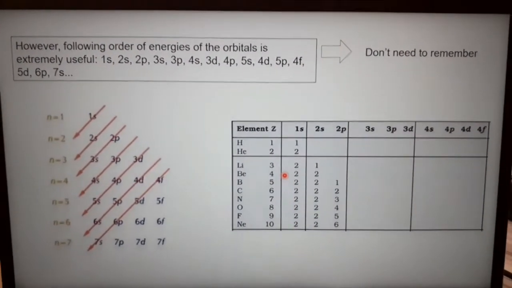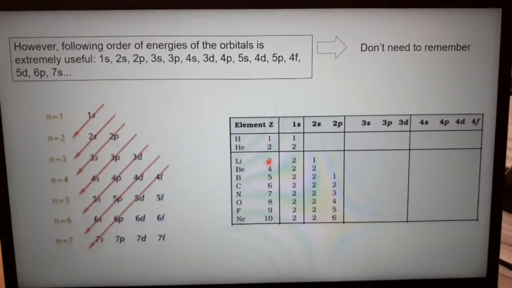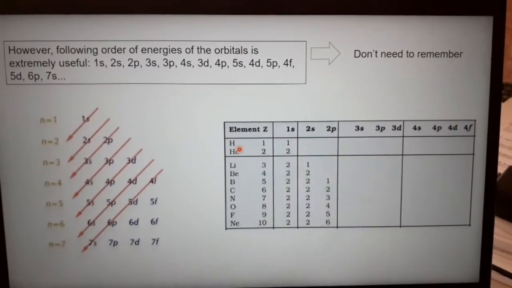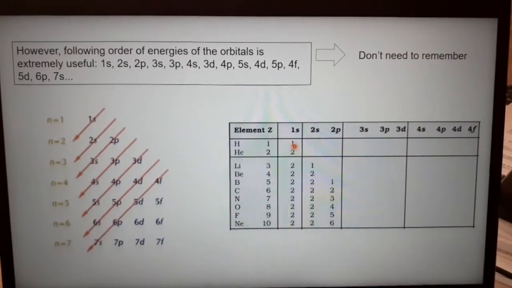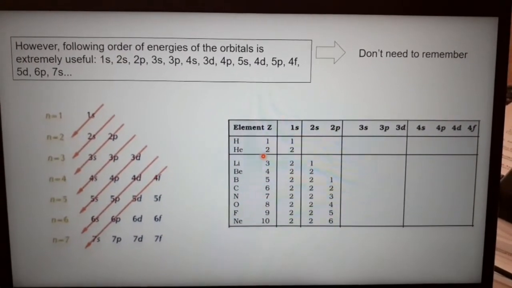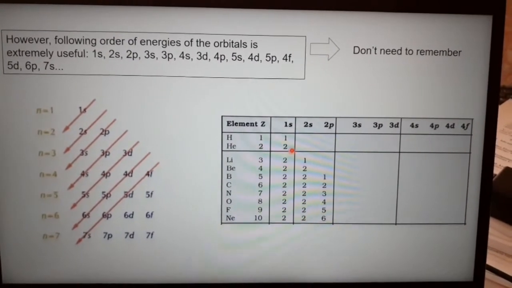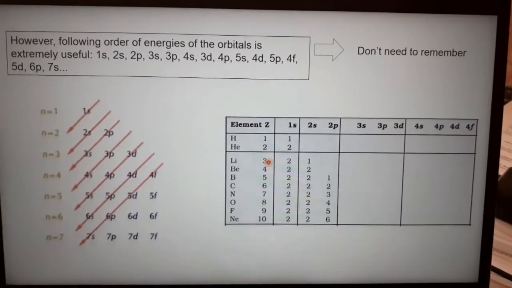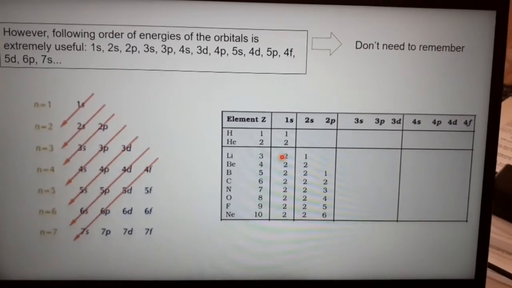Here I give an example of the hydrogen atom. It has one electron, which first occupies the 1s orbital. Then the two-electron system helium occupies the 1s orbital with two electrons. Next, lithium: it places 2 electrons in 1s.